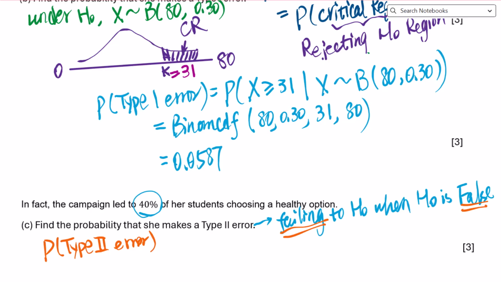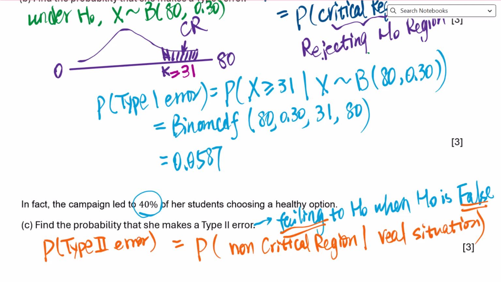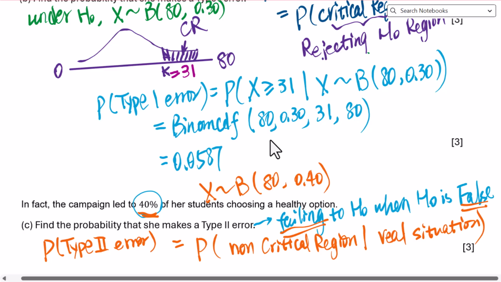Probability of type 2 error equals probability of non-critical region, given that the real situation in this question is X follows binomial distribution with 80 as the sample size, 0.40 as the probability of success.